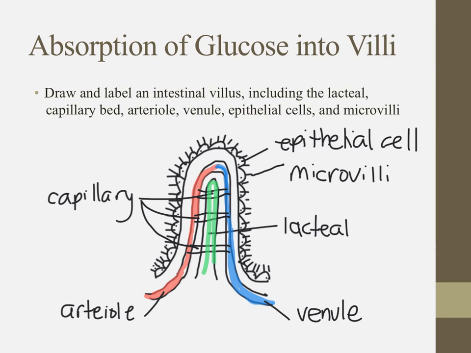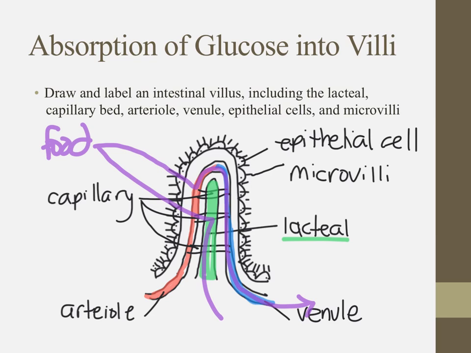Here's the lacteal, that guy's green. So again, one last time, the digested materials from the food are going to be absorbed either into the bloodstream, where it then leaves through the venule, or into the lacteal, where it then leaves through the lymphatic system.